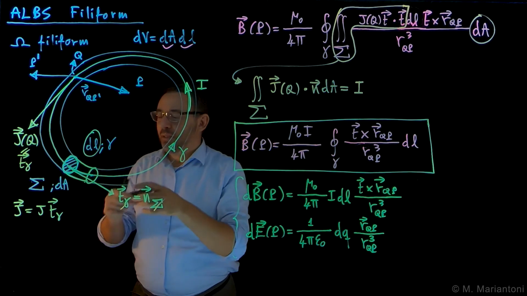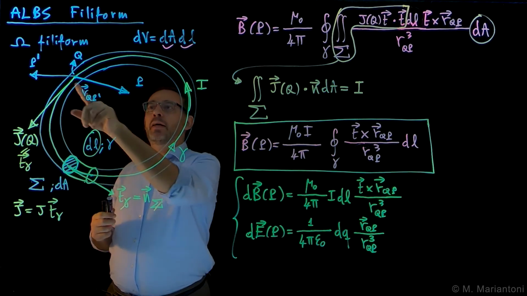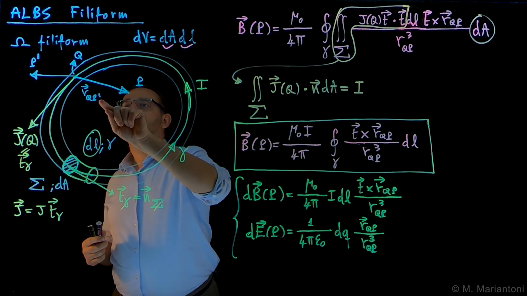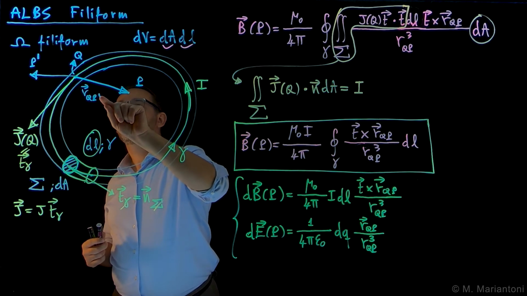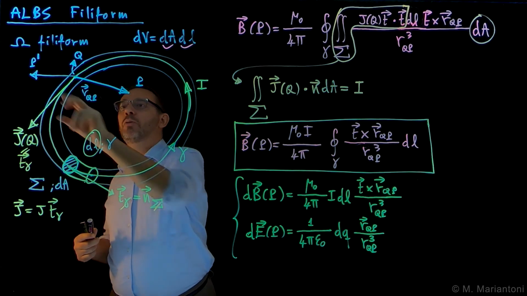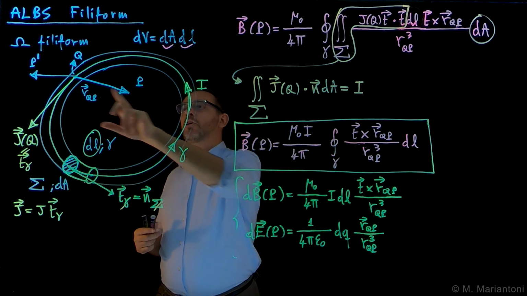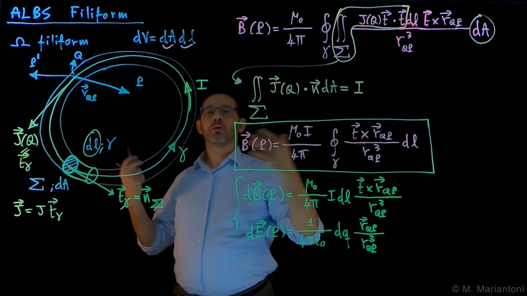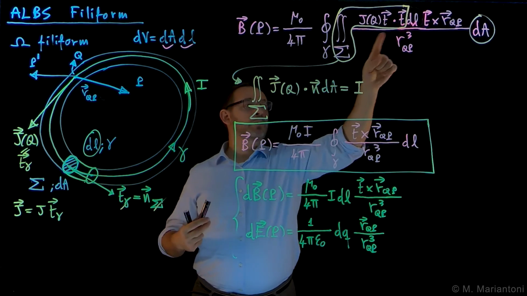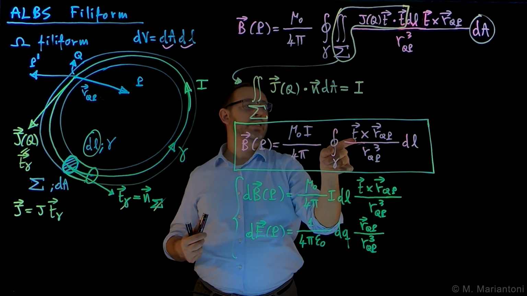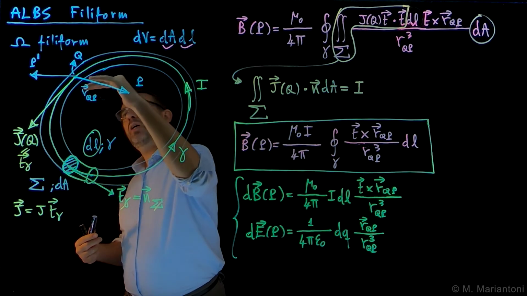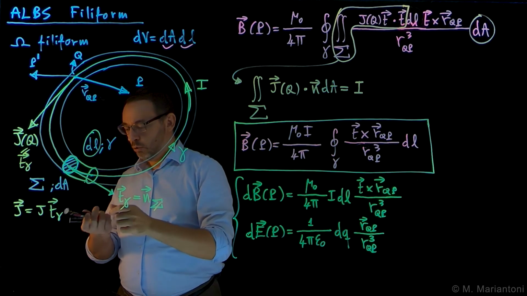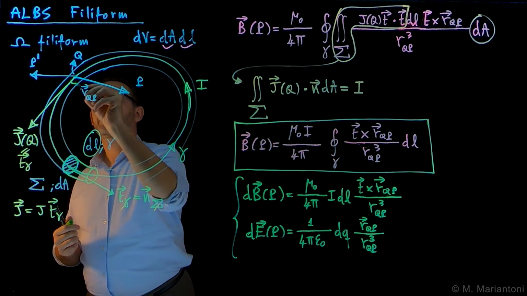So where does this magnetostatic field point? If this is R_QP here, and this would be R_QP prime, we need to use the right-hand rule. J goes in this direction, which is the direction of t vector R_QP, so we need to rotate over this angle here, in this fashion.